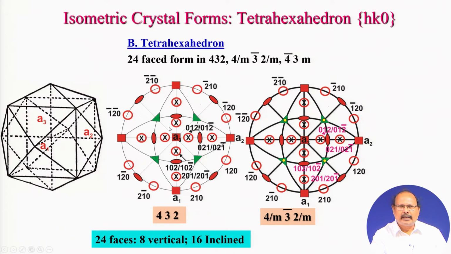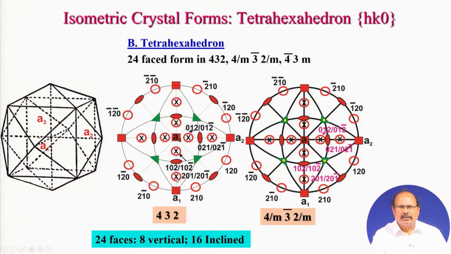So, in a way this open circle will be repeated by the symmetry of this point group, or all the symmetry axes that we see here. After it is acted upon by this, you have this face generated here, and another face generated here.